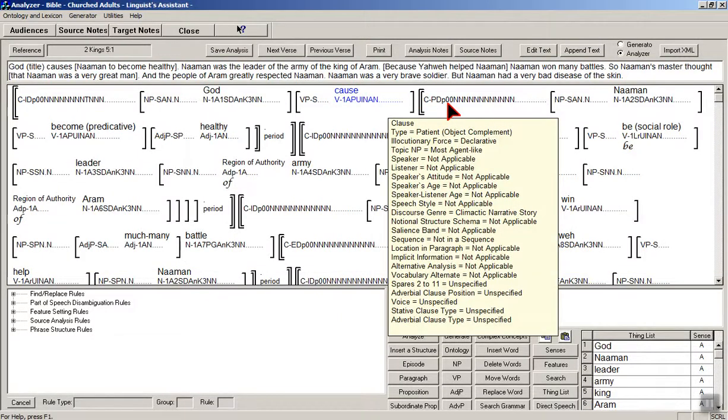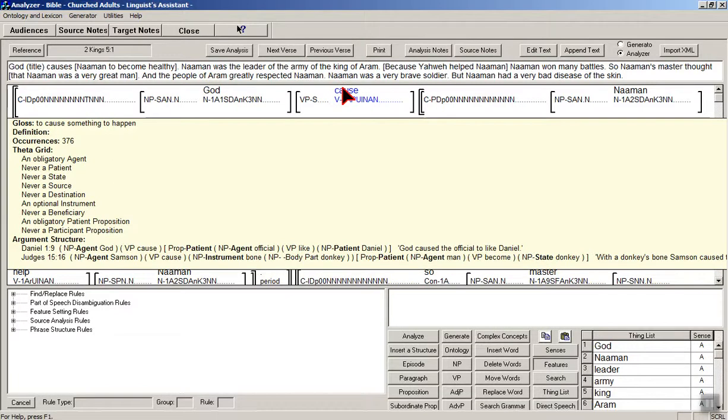And so, if we hover the mouse over the features for the subordinate clause, we say it's a patient or object complement. So for cause, we needed an obligatory patient proposition.